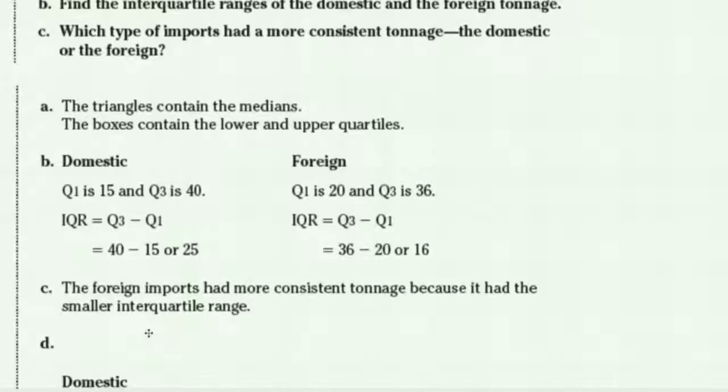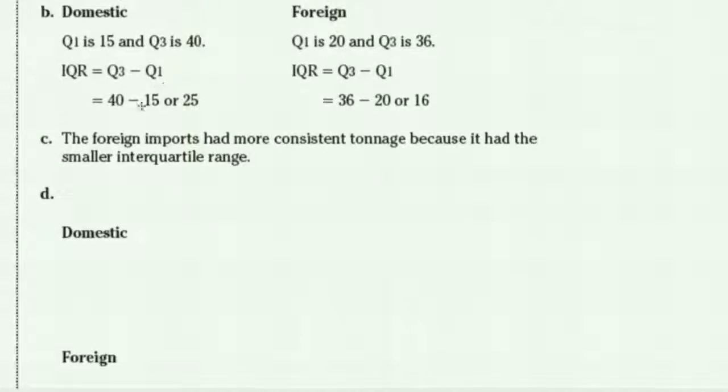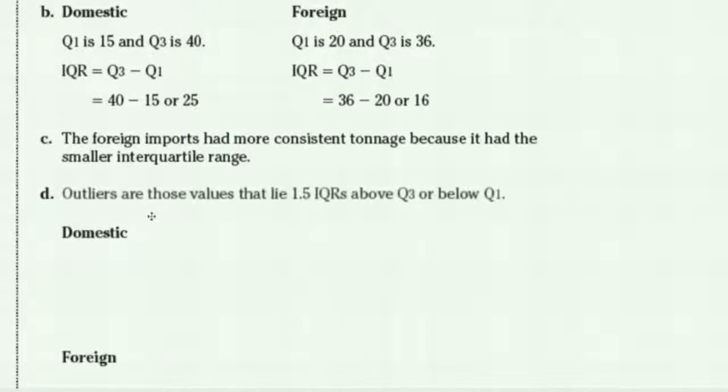Okay, and finally letter D, let's find our outliers. Outliers are those values that lie 1.5 IQRs above the Q3 or below the Q1.